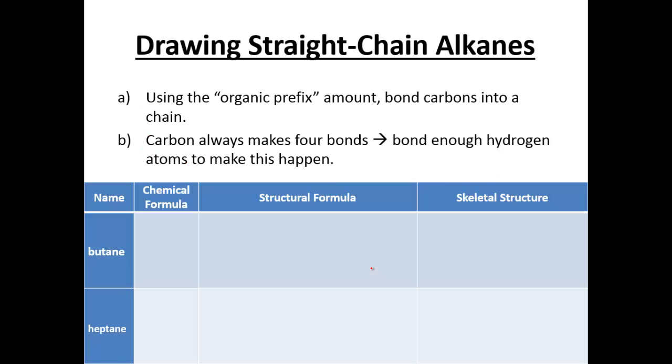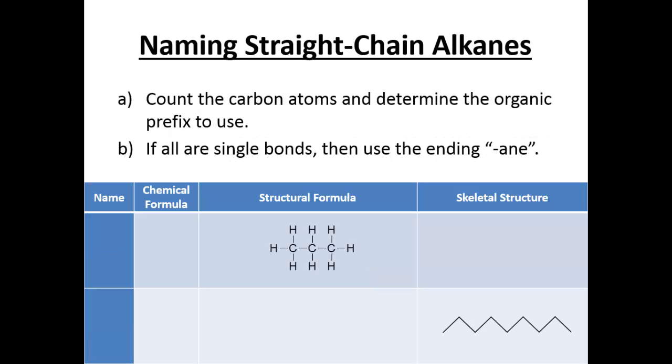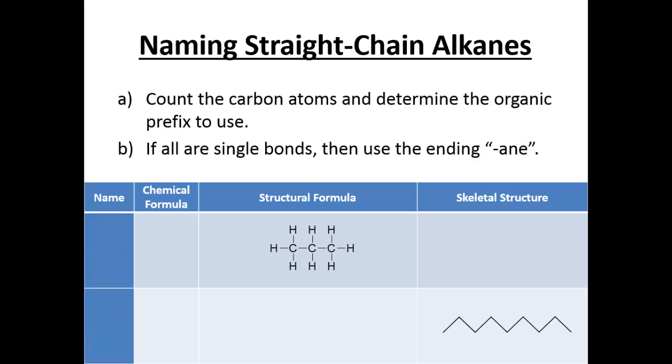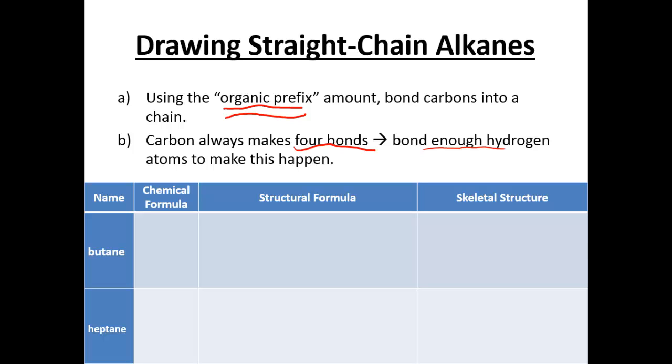Now, using this organic shorthand, we're going to use the organic prefix to find the amount of carbon bonds that we need to have. So our first part, carbon always makes 4 bonds, so we're going to bond enough hydrogens to each atom. Butane, our first one here, chemical formula C4 for butane, and then H10.